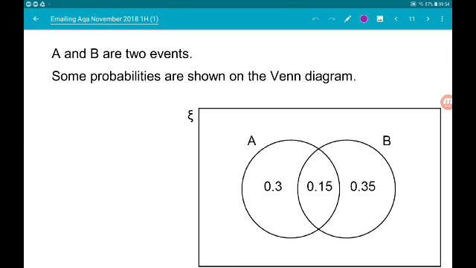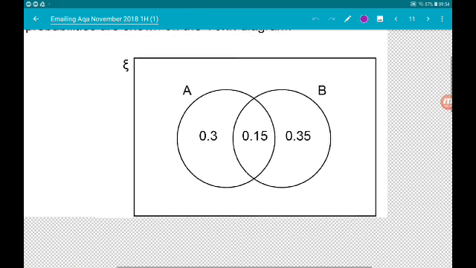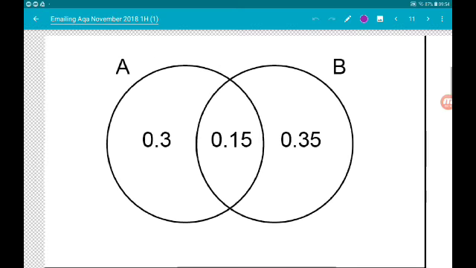Okay, number 14, we have a Venn diagram. So A and B are two events. Some probabilities are shown in the Venn diagram. So we got the probabilities in the circles.